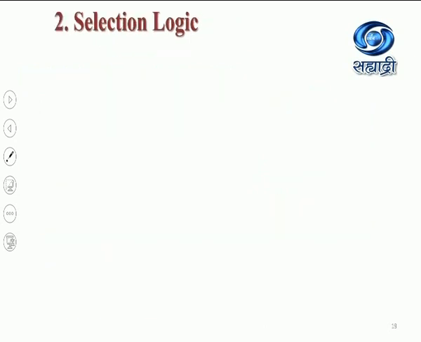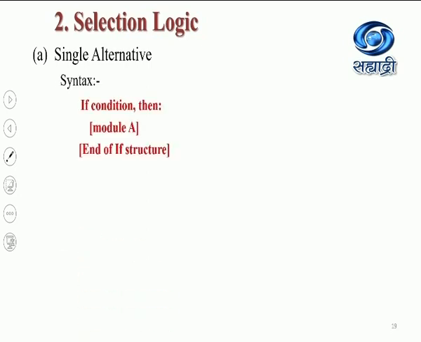Second is the selection logic. Selection logic is divided into three parts. First is the single alternative, second is the double alternative, and third is the multiple alternative. For the single alternative, this is the syntax. First of all, you have to write the condition, and if this condition is true, then it goes to module A. Otherwise, control will transfer to the next statement after that if structure.